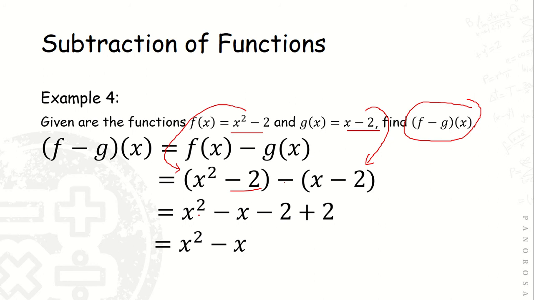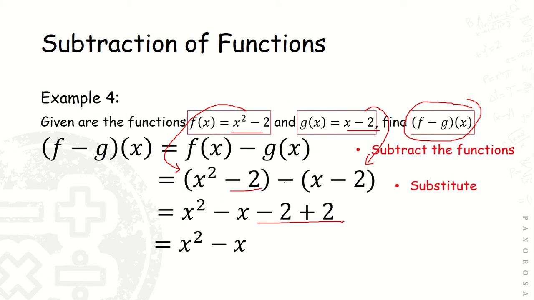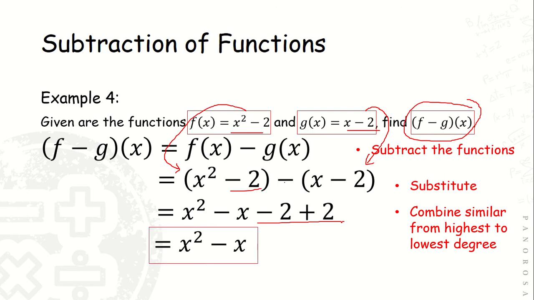So we have now x squared minus x, negative 2 plus 2 is equal to 0. The final answer is x squared minus x.